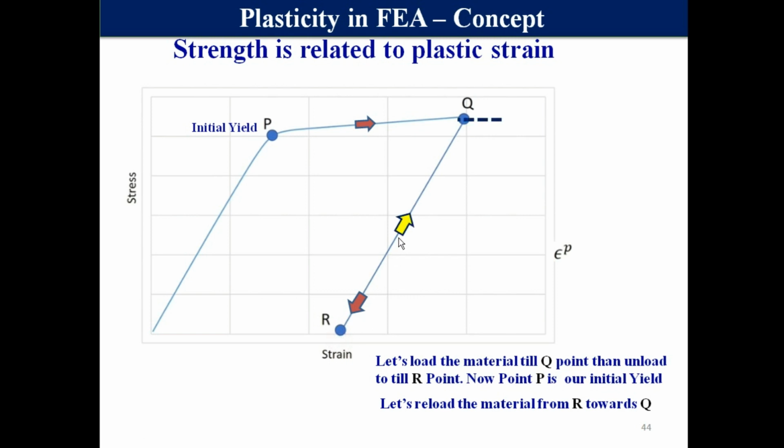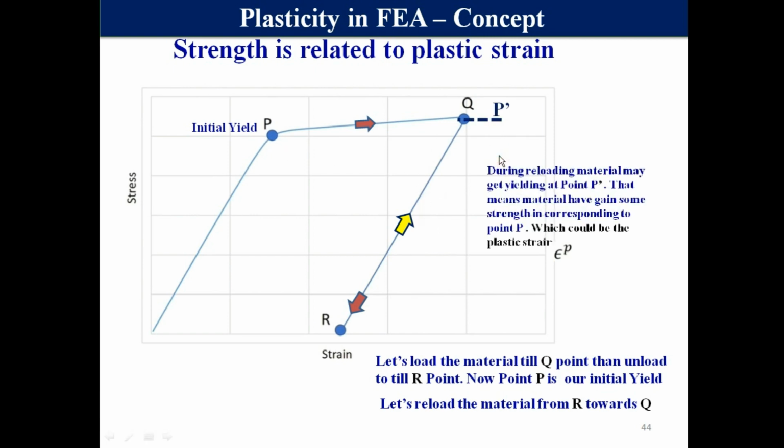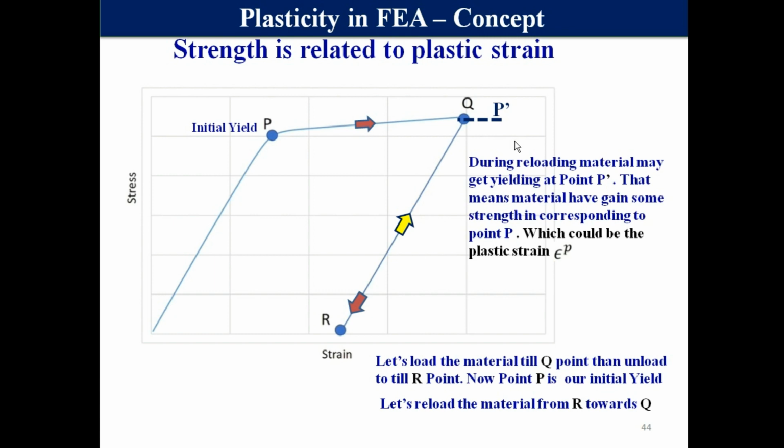So you reload it. What will happen in the reloading? This initial yield, which you had earlier, is going to shift. So this P becomes P dash. So during the reloading, the material may yield at the point P dash.